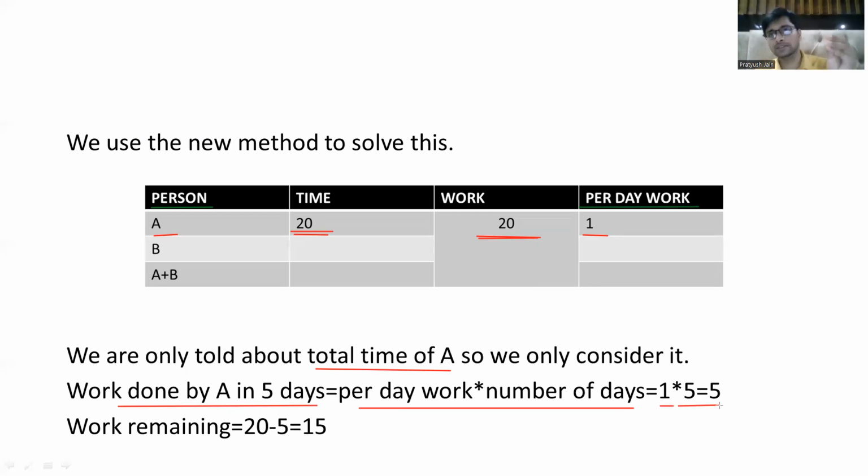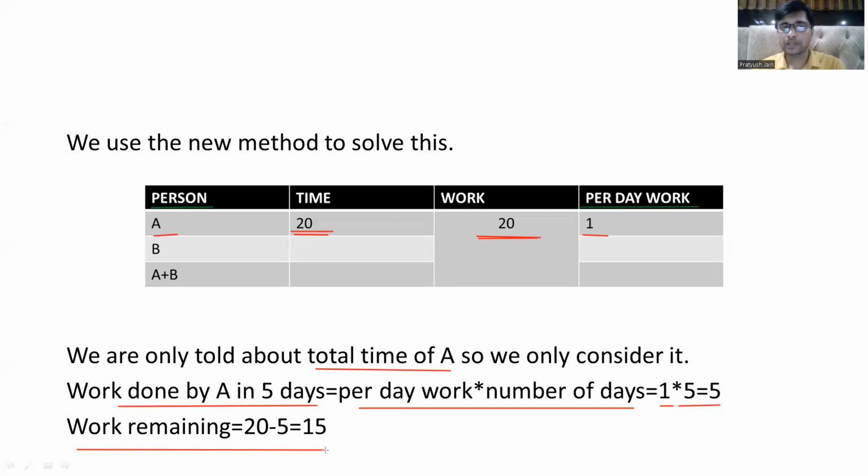So A works for 5 days, completes 5 units of work, and then he leaves. So work remaining is total work minus work done by A, which is 20 minus 5, 15. So 15 units of work is now remaining.